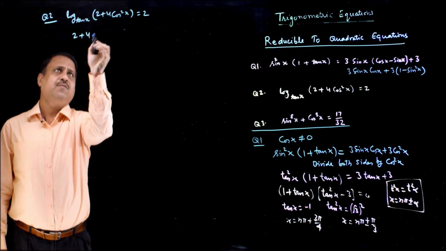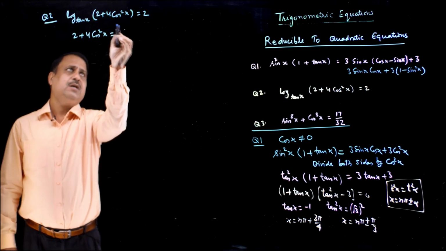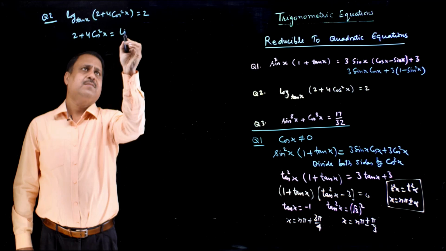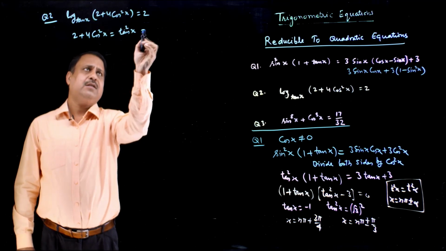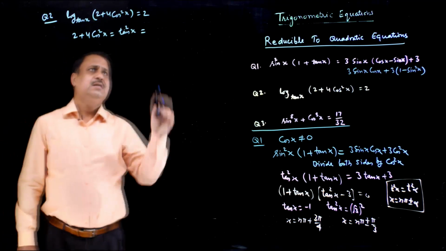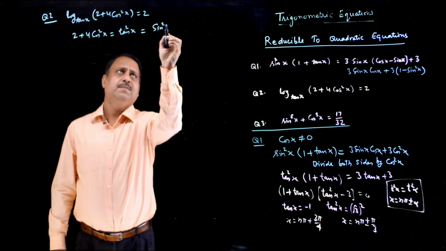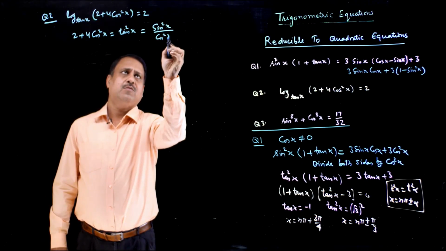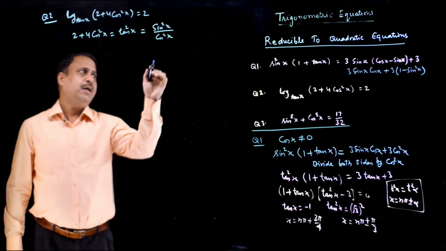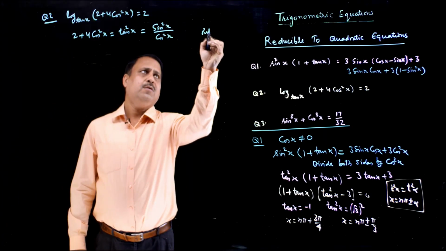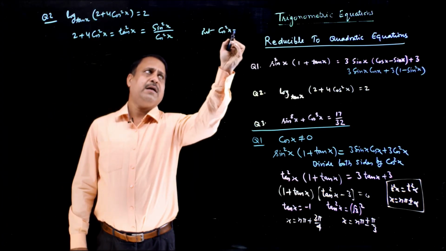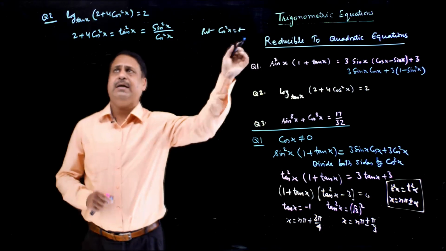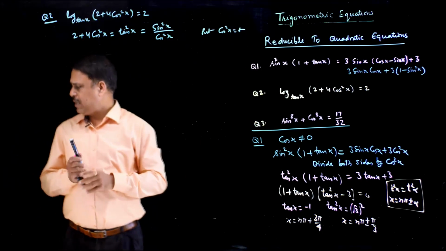So 2 plus 4 cos square x is equal to tan square x, and tan square x can be written as sin square x upon cos square x, and then we can put cos square x is equal to t. Quadratic we will convert. Cos square x is equal to t.